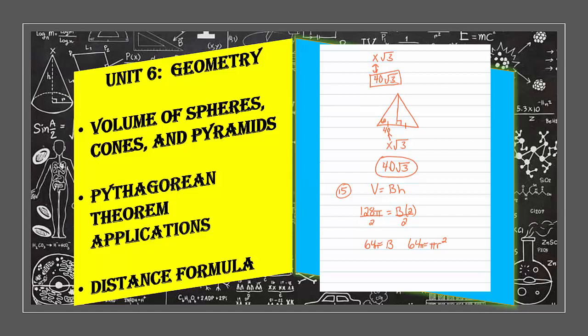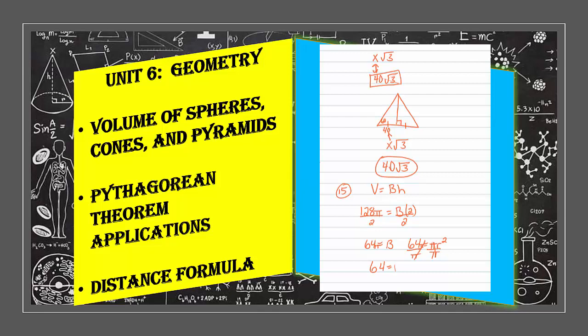Since I have pi on both sides of the equal sign, and my pi functions like a variable, I can divide both sides of my equation by pi, and they will simplify out. And so that leaves me with 64 equals r squared.